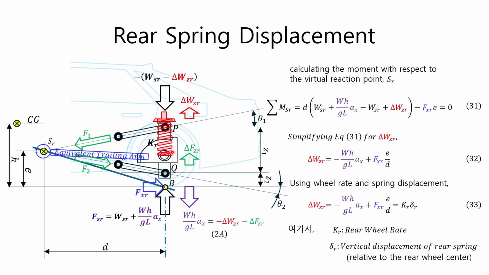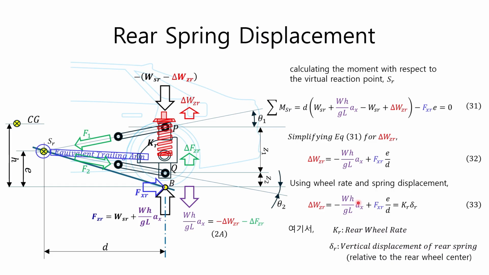Meanwhile, the force acting perpendicularly to the rear wheel center, delta WZR, can be expressed as equation 33 using the rear suspension wheel rate and the spring vertical displacement relative to the rear wheel center. In equation 33, KR represents the rear wheel rate and delta R represents the rear spring displacement measured vertically at the wheel center, which is not a value measured along the actual spring axis.